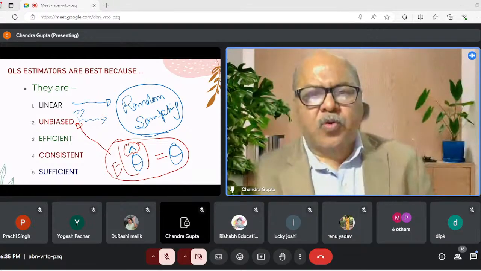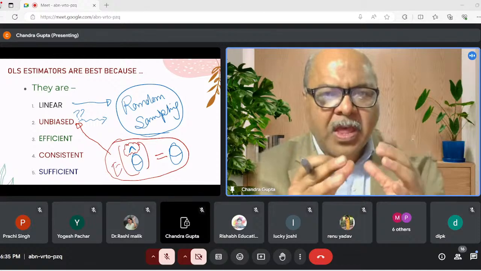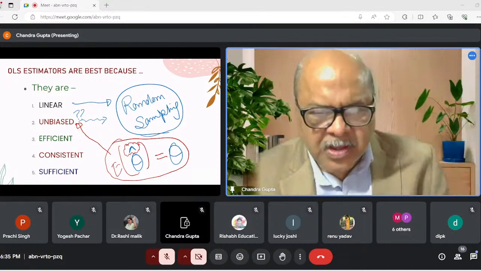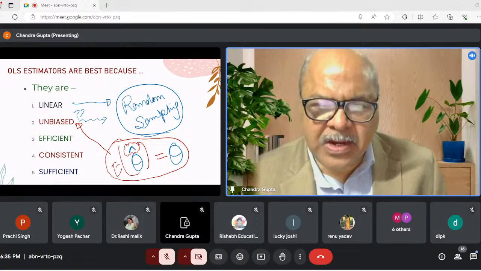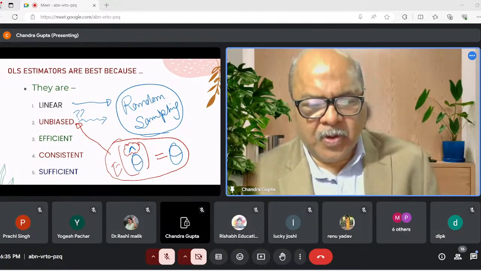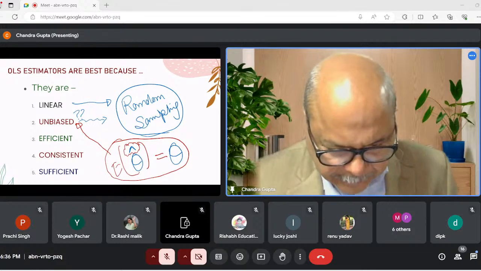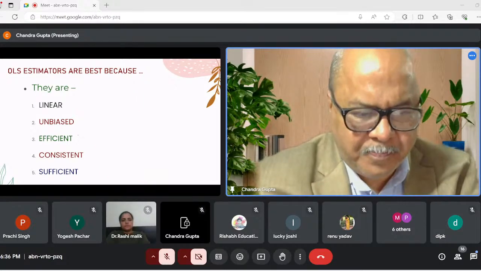That means you go on taking samples, one sample, two, three, four, five, and if the average of those is equal to the population parameter, then we say it is an unbiased estimator. Now, what is an efficient estimator?